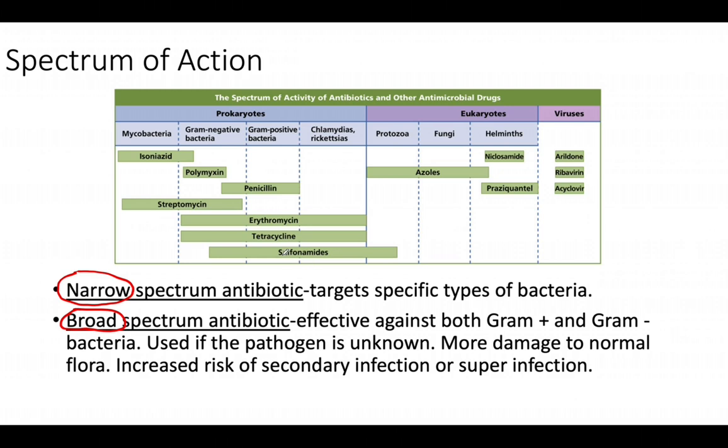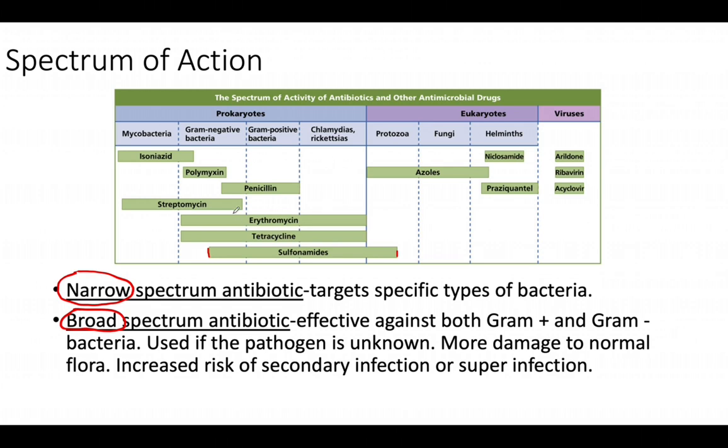If you look at sulfonamides, the category we learned that targets a certain pathway of metabolism for bacteria, it's a competitive inhibitor of an enzyme that converts PABA to folic acid. If you look at how wide this bar is, you can see that it straddles multiple categories of bacteria, from both gram-negative and gram-positive and some other bacterial types that we haven't even talked about.